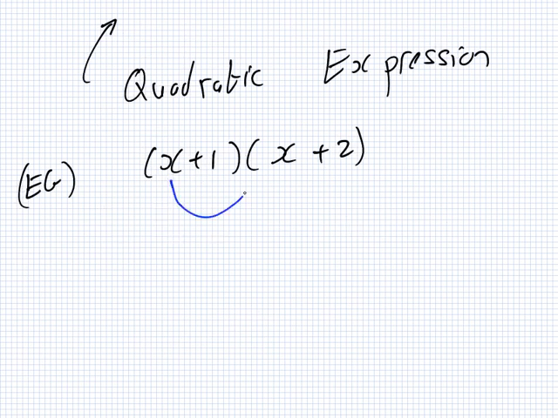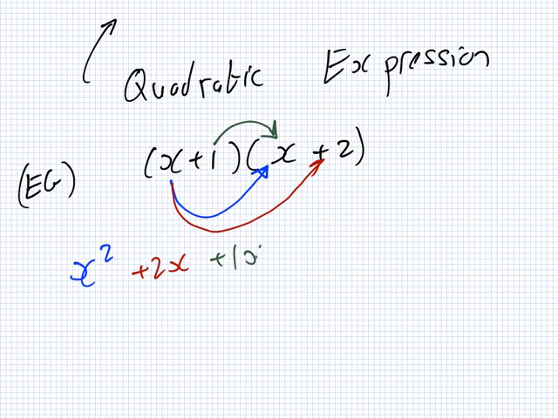First you do x multiply x, which makes x squared, and then x multiply 2, which of course is 2x, and then 1 multiply x, or 1x, and lastly 1 multiply 2, which is 2. Okay, so the only thing that we can add together are the middle two here, which is a 3. So we're left with x squared plus 3x plus 2.